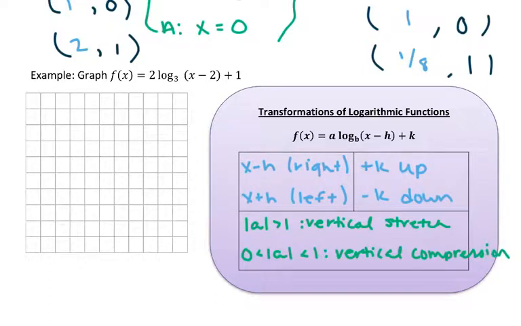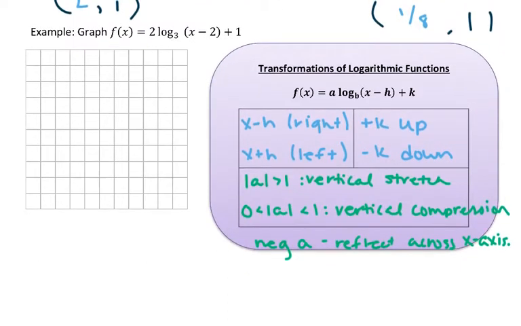If a is negative, now notice those are the values of a because I didn't talk about if it was positive or negative. If a is a negative value, then it's going to reflect across the x-axis. Okay, so it's going to flip it.